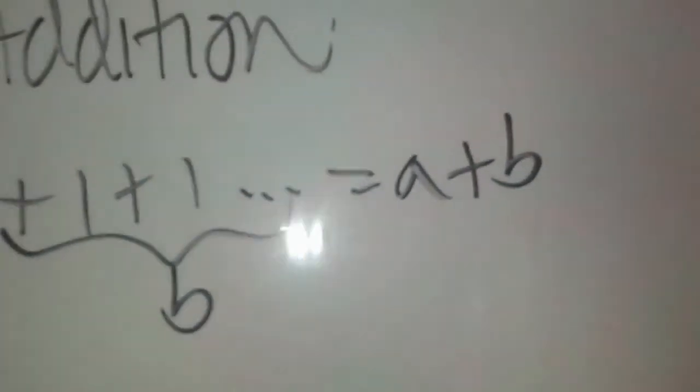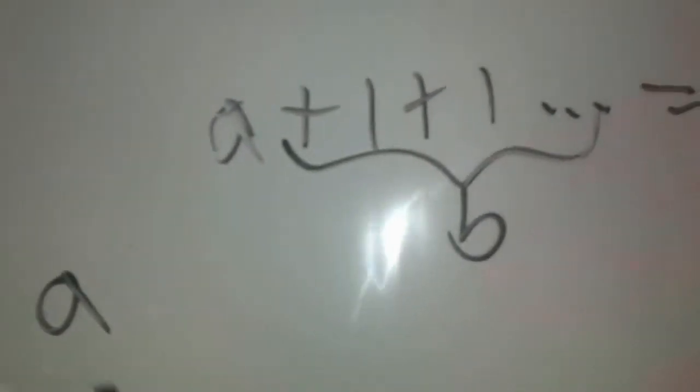When we're dealing with addition, we're going to have a nice pattern with all numbers, let's just say the real numbers. We have a, and we add 1 to it b number of times. We get a plus b. This is very true. If we set b equal to a, what happens?